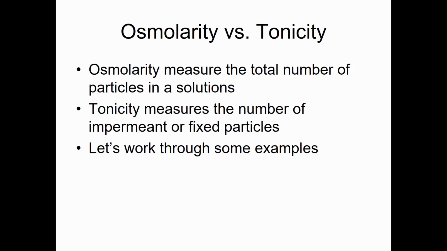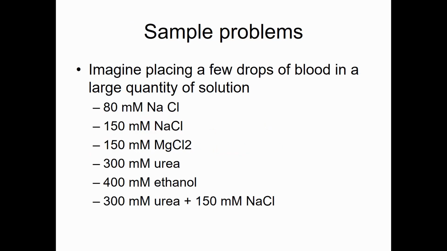So osmolarity is the measure of the total number of particles in a solution. Tonicity measures the number of impermeant or fixed particles. And it's the fixed particles that you have to compare to consider whether something is going to shrink or swell. So here are some examples of problems. Here's what you have to think about.